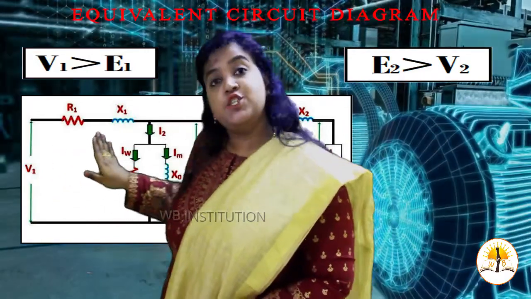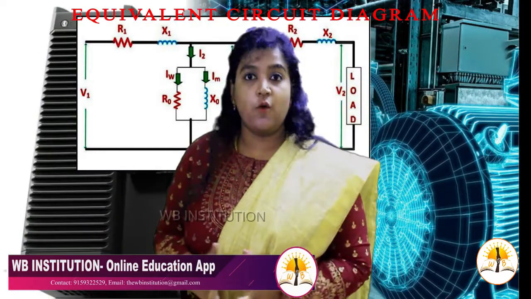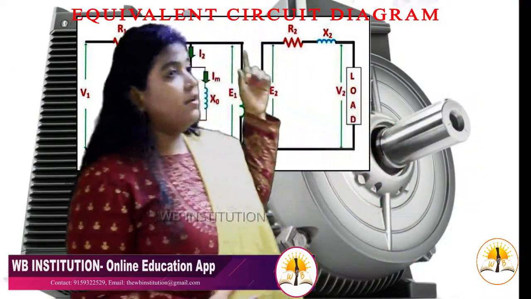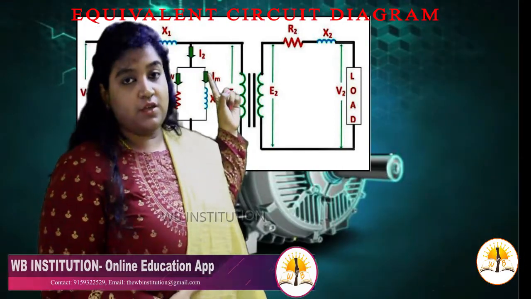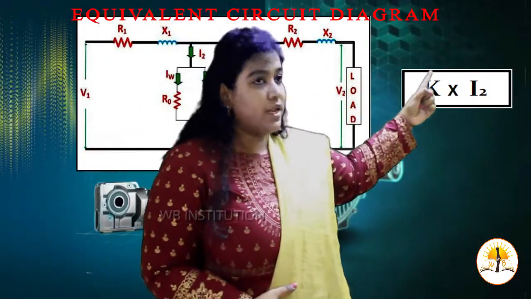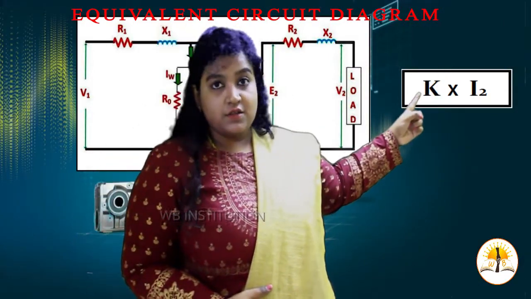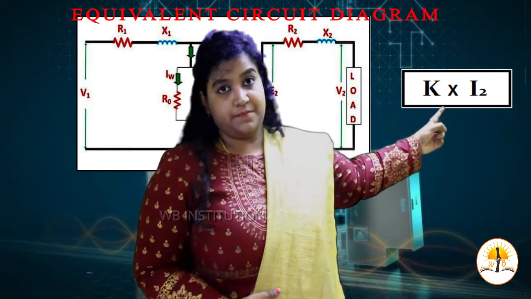There will be a larger potential difference. In order to tally this, we are going to transmit a reflected AC current, that is I2 dash, where I2 dash can be denoted as K into I2, where K is the transformer ratio and I2 is the reflected current.